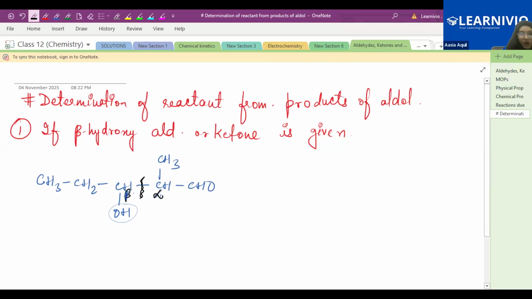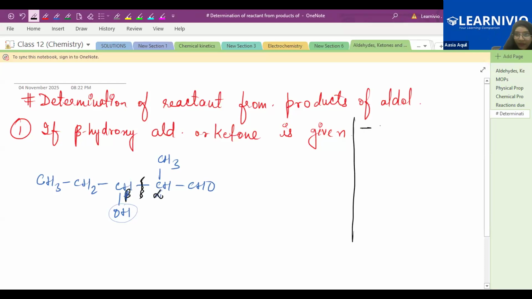When you break this bond, next step क्या होगा? Just change this OH which is present on the beta carbon. This beta carbon पे जो OH है आपका, just change this group to your CO group, carbonyl group. This OH group will get converted to a CO group. Okay, let me write down the steps over here.